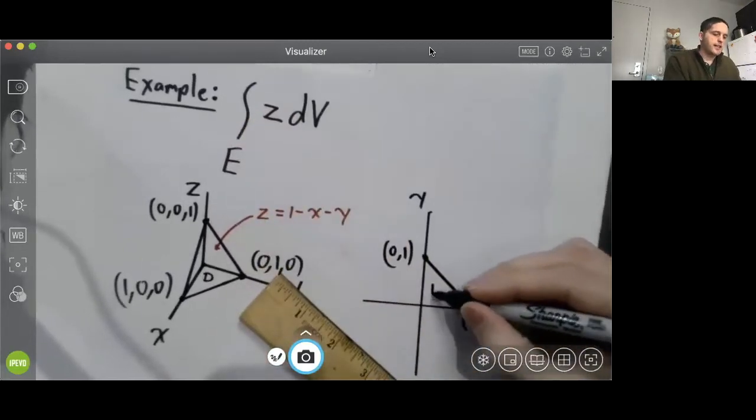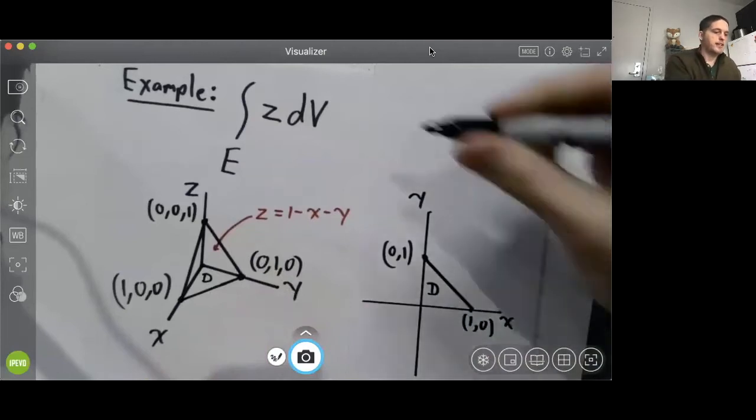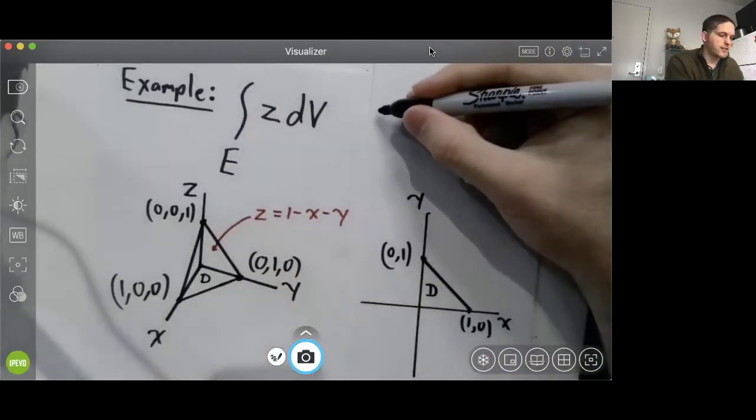This triangle here is our region D, the projection of our solid E onto the XY plane. And now that we have visualized D, we can recognize that E is a type 1 solid region. We can describe E as follows.